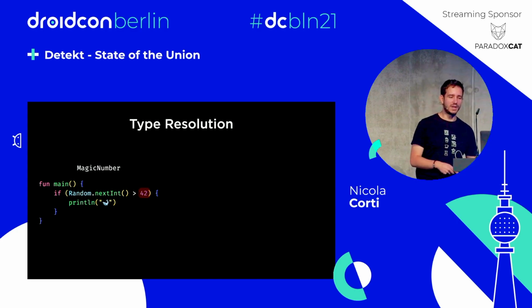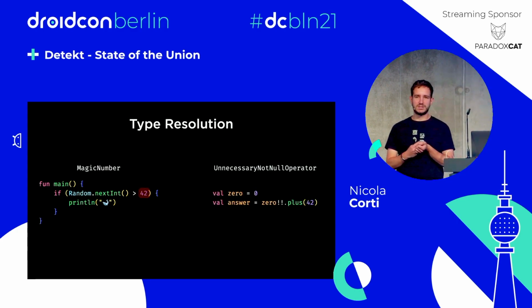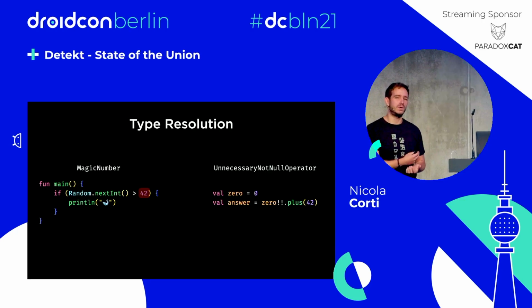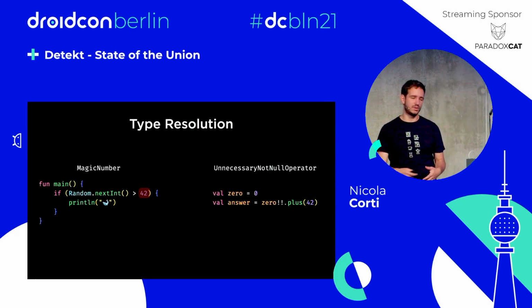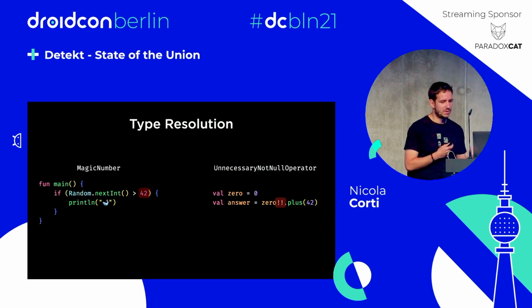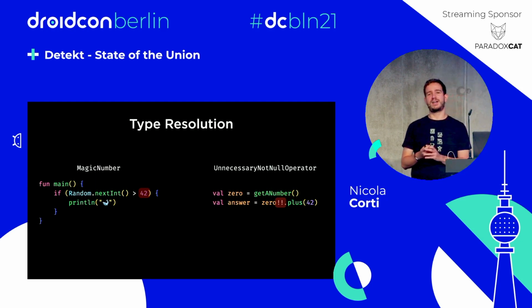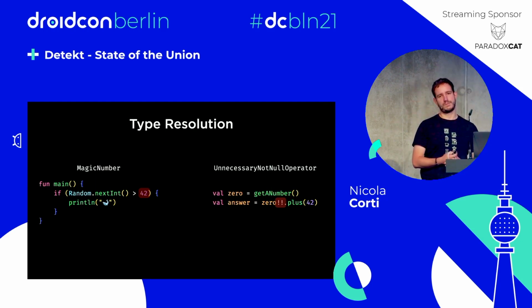While the other rule I presented before, unnecessary not null operator, needs to know a little bit more about your software and about your code. In the case over here, it was easy, because we could infer the type of the variable called zero directly from the code.